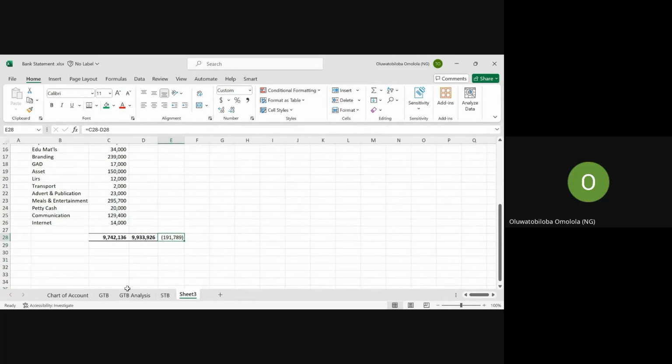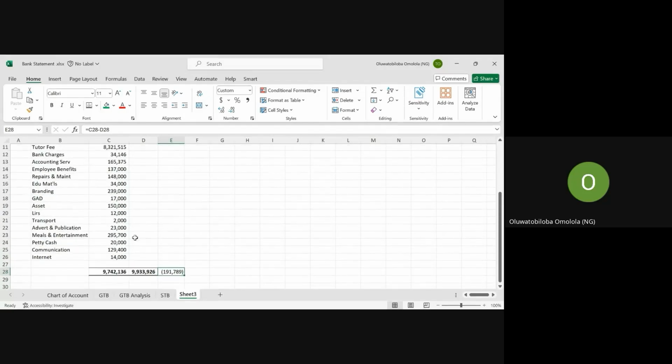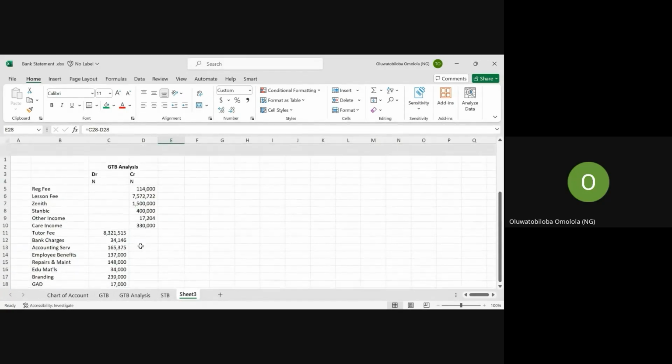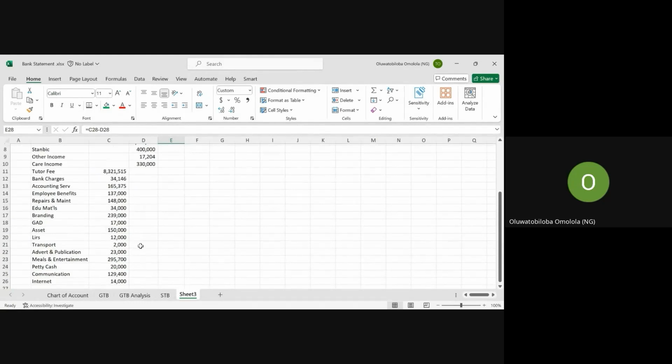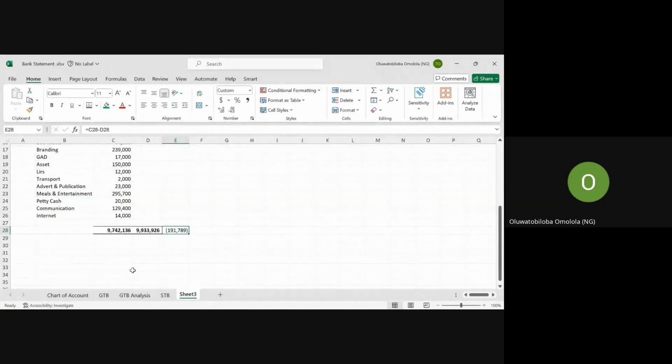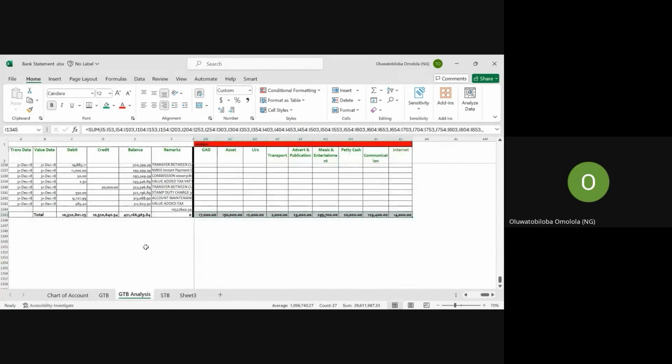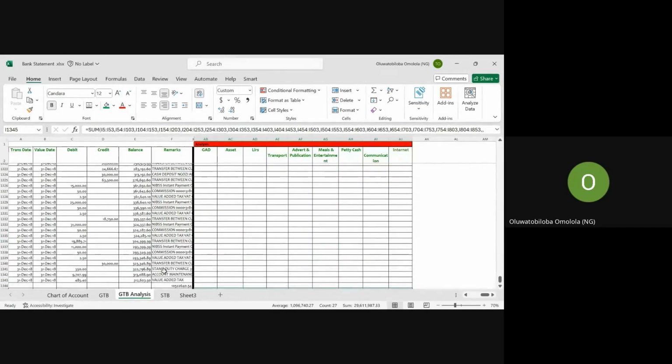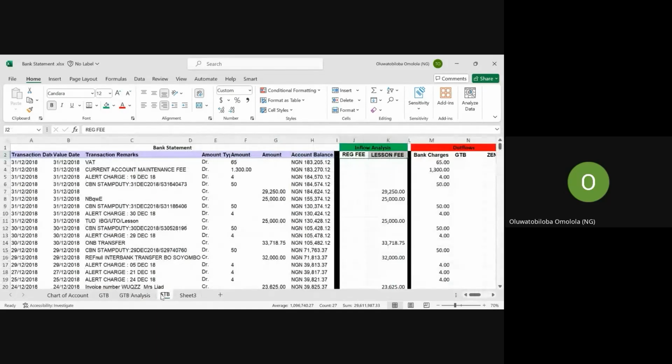So it means that I need to go and find out what is making this account not to be the same. Because by the time you do the difference of the debit and credit, it must give you 0, right? I'm not going to take that time. I intentionally did this way, right?